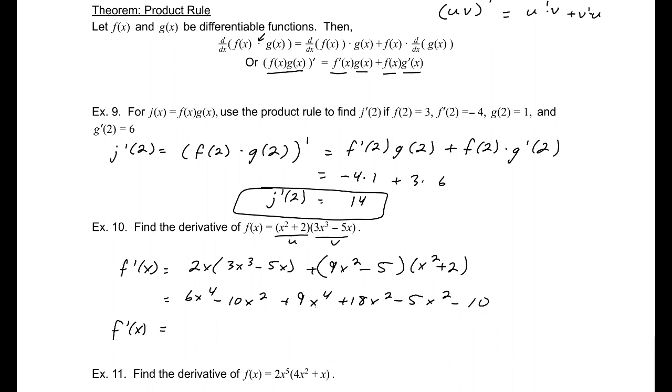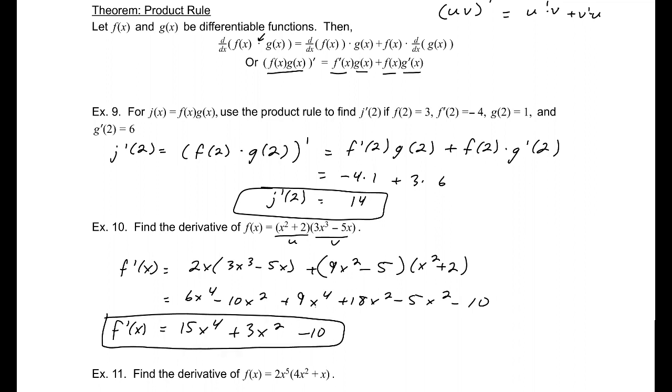So f prime of x was going to be 15x to the 4th, negative 10s, that is 8, plus 3, x squared minus 10. And there is our derivative function based on that product rule.